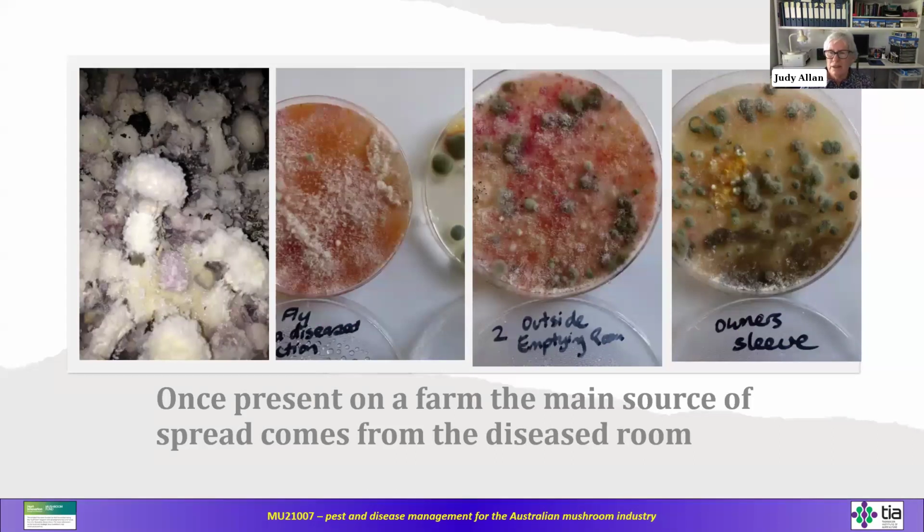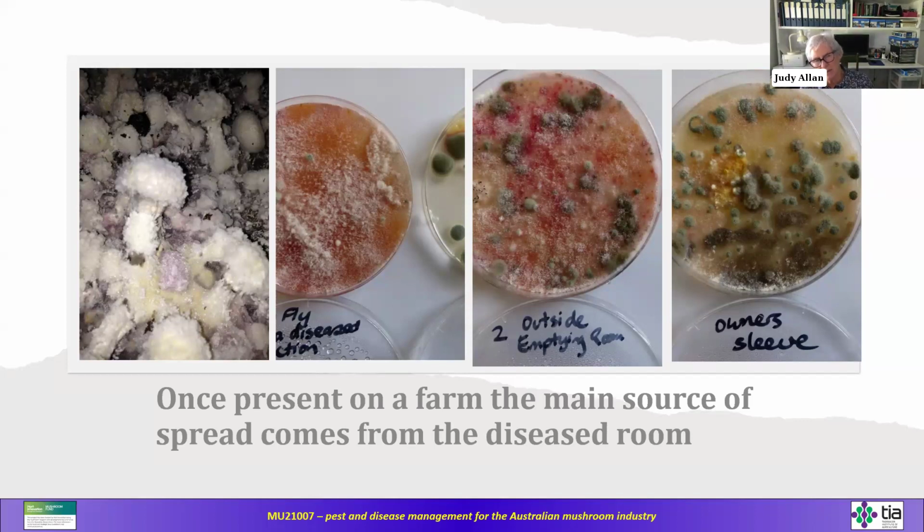So while sometimes the original source of disease is debatable, once present on a farm, the main source of spread comes from a diseased room. And I've put this up. It was the moonscape on the left-hand side. I took that photo on a little farm that had cobweb, and they couldn't keep up with things, so they didn't spot treat to the end. They didn't cook out.